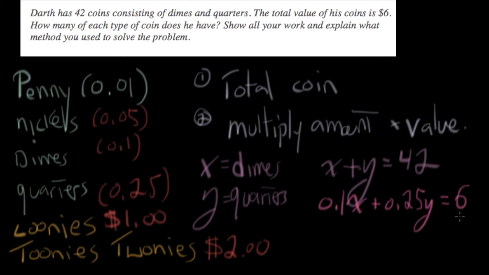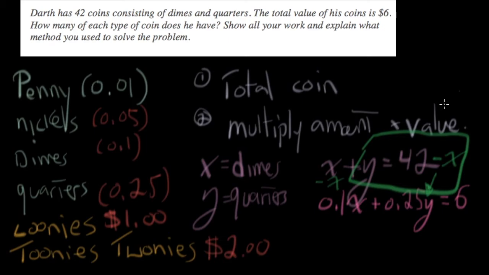This is one of those situations where I would actually use substitution, and I would solve the first equation for y. I would subtract x from both sides. So y equals 42 minus x, and I'd put it right down there.